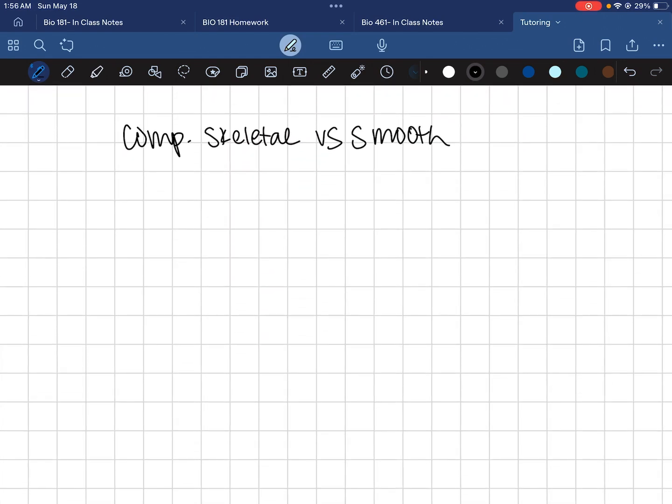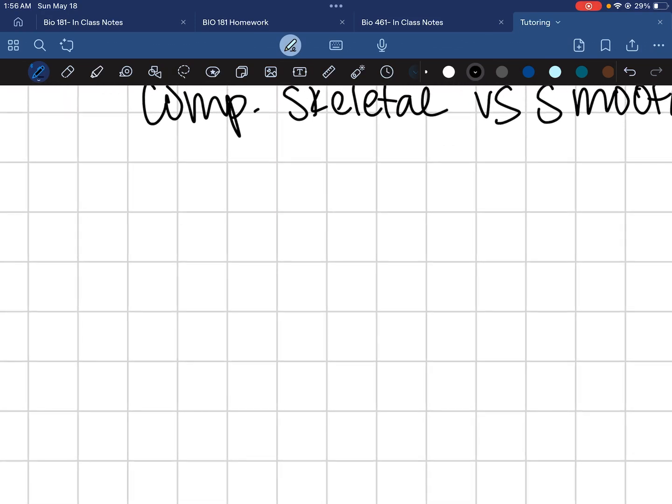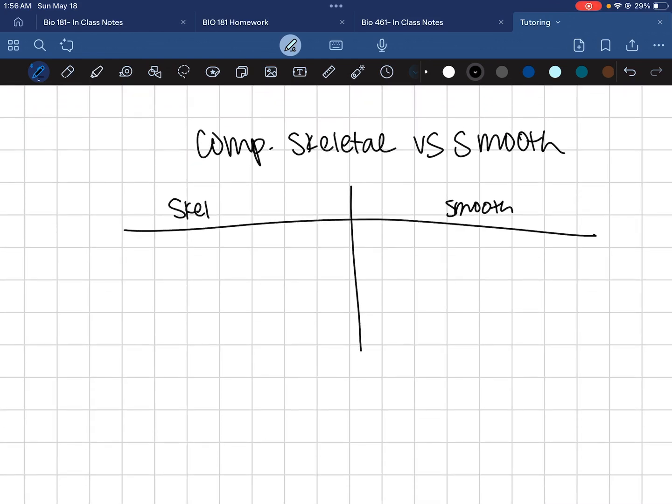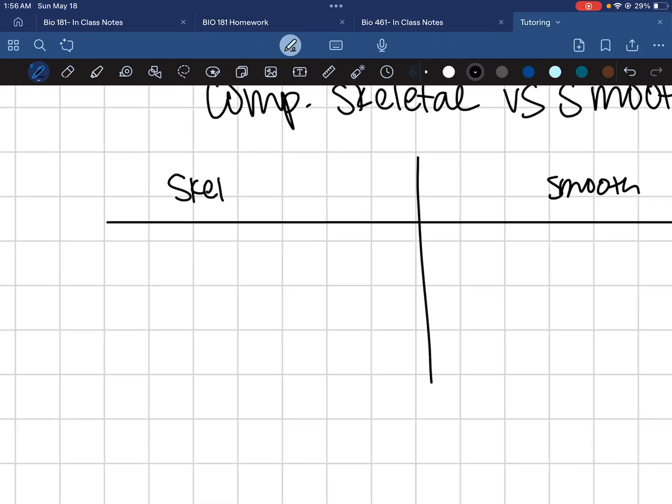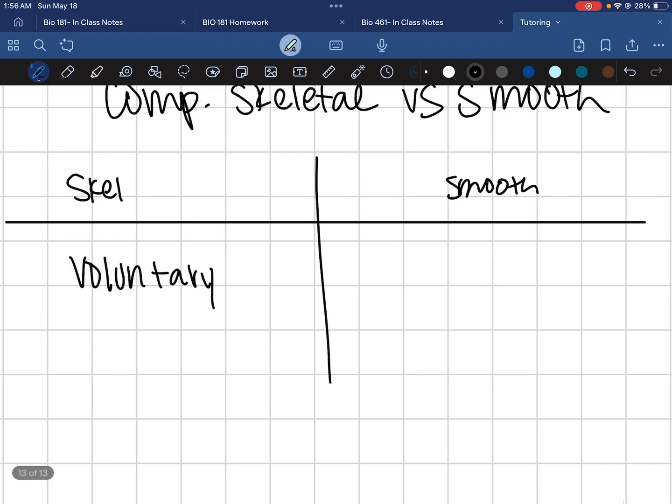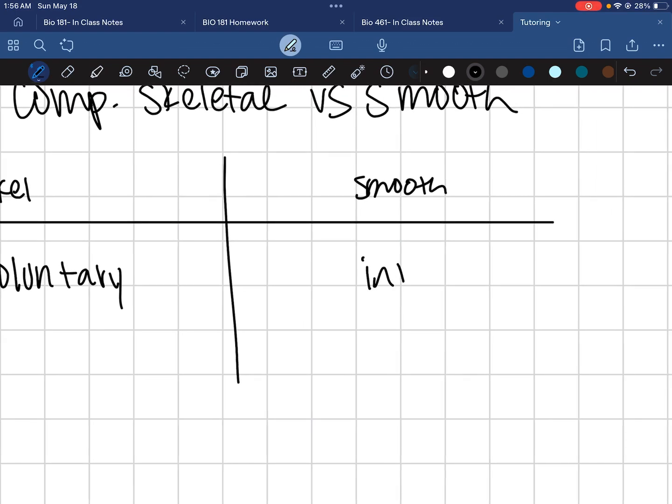We already talked about tonic, phasic within smooth muscle, and we also talked about skeletal muscle and the contraction of that. Let's go ahead and draw that line down. We could say that with skeletal muscle, this is voluntary. And with smooth muscle, it's involuntary.